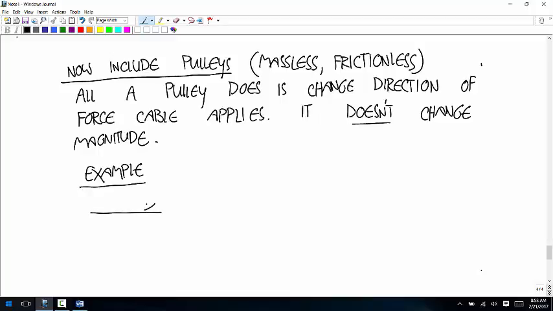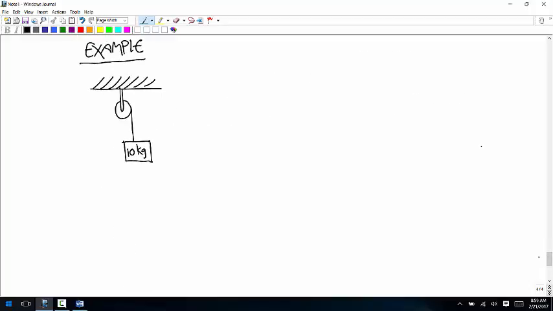let's say you have a pulley attached to the ceiling, and you have a 10 kilogram mass there, and let's say you want to figure out the force required to hold this up.